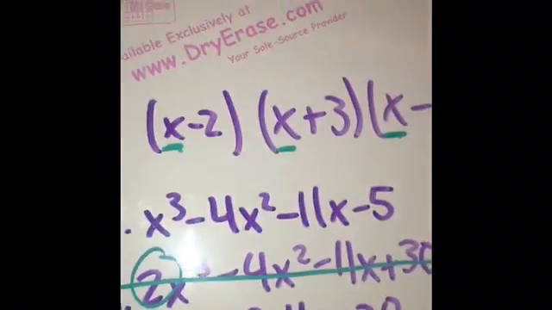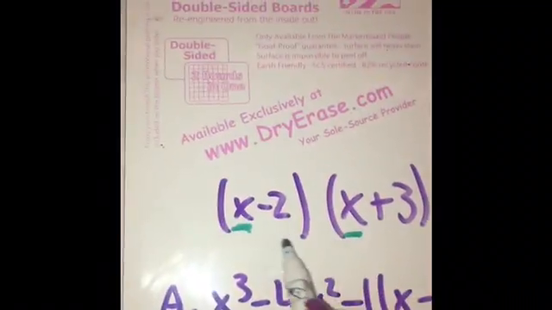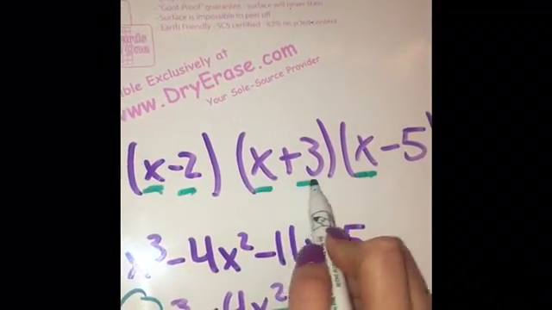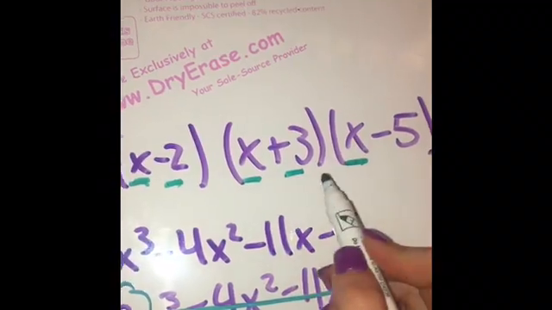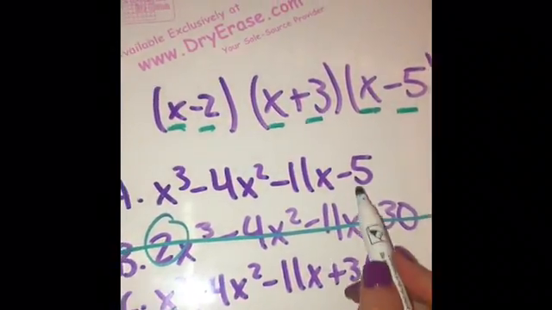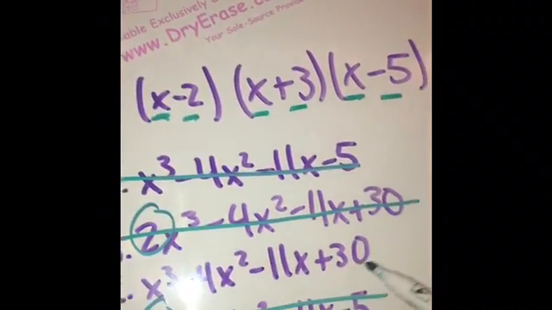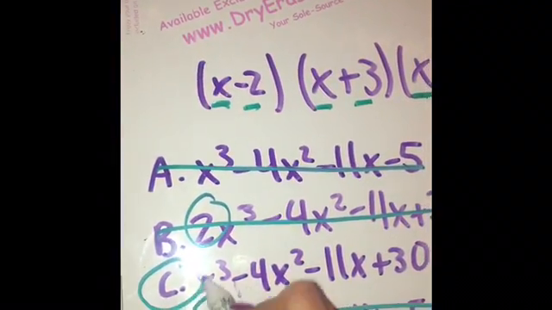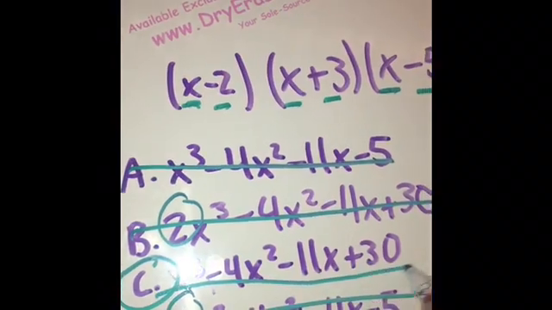Next you can simply multiply: -2 times 3 is -6, times -5 is 30. This one has 5, so that can't be it. This one has 30, so it has to be C by process of elimination.